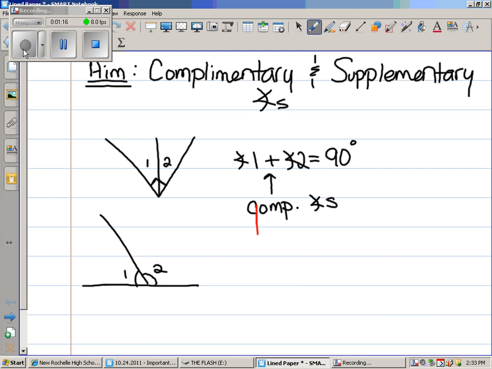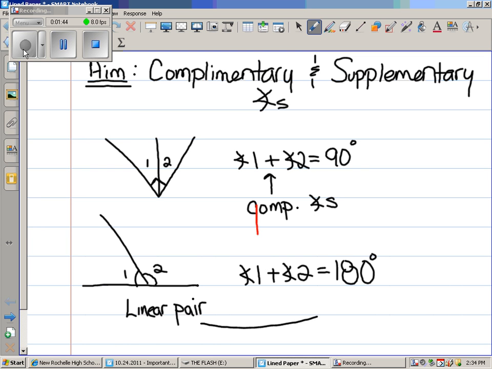Now, these two angles are what? Angle 1 plus angle 2 equal 180 degrees. These two angles are also called a linear pair. You see the words embedded in that vocab? Line, linear pair.